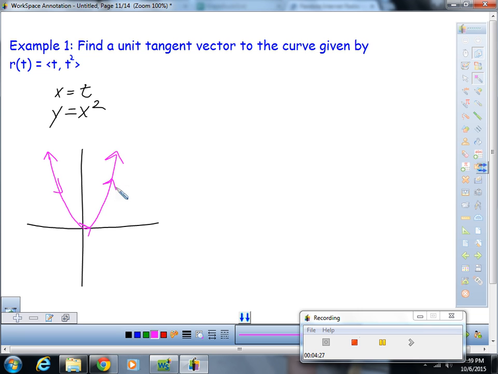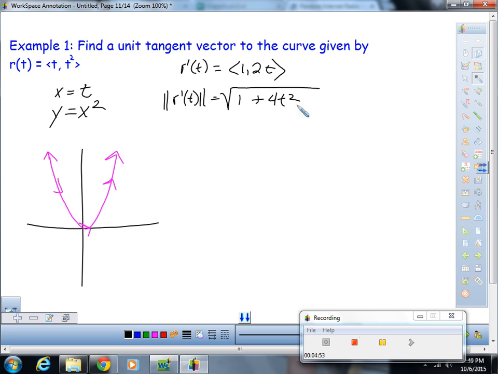Okay, so r prime of t is going to be <1, 2t>. And the magnitude of r prime of t is going to be the square root of 1 plus 4t squared.